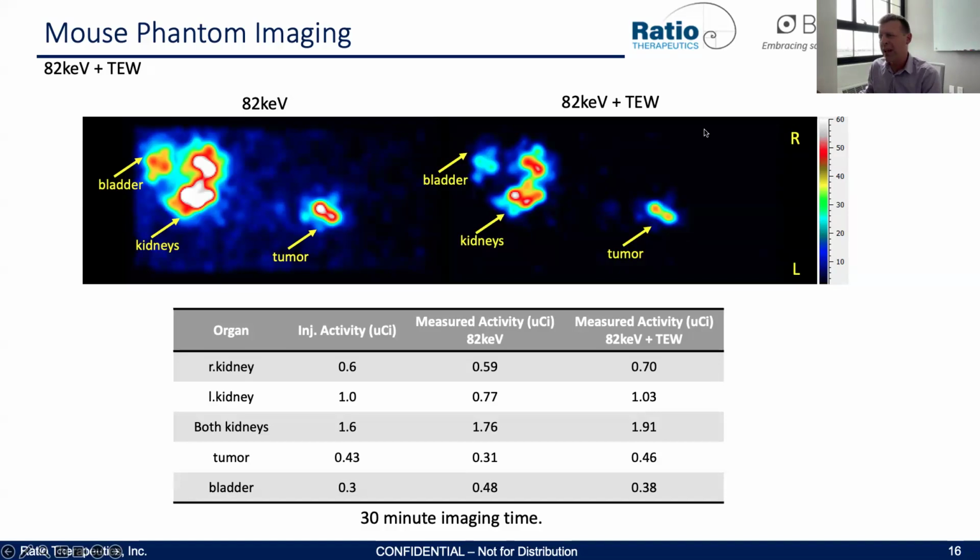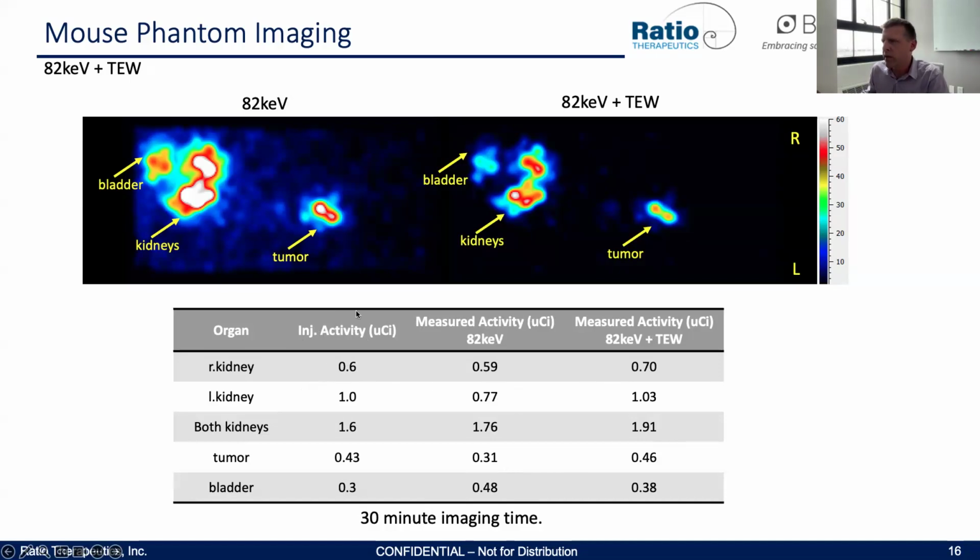Again, this is the 82 keV data. And I think we see a very nice concordance here between the activity in each compartment and the activity estimated, in fact, in both cases. This was a 30-minute scan.